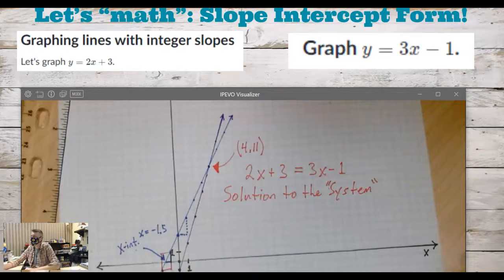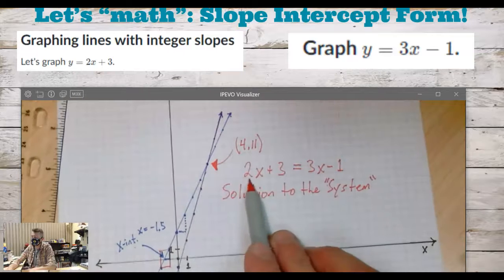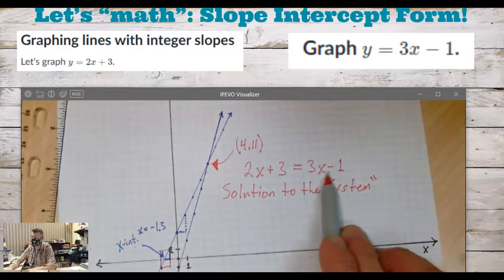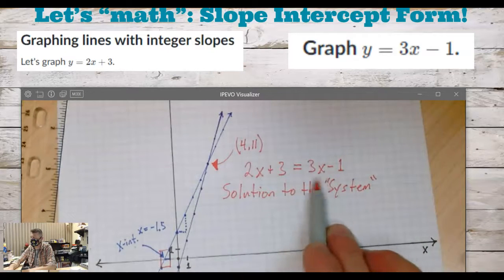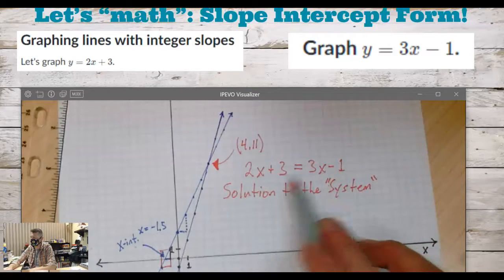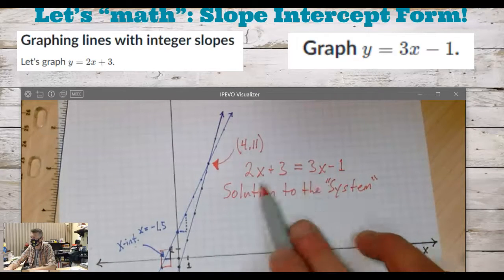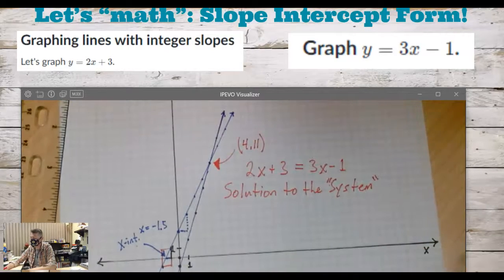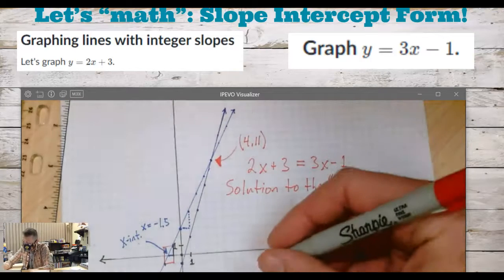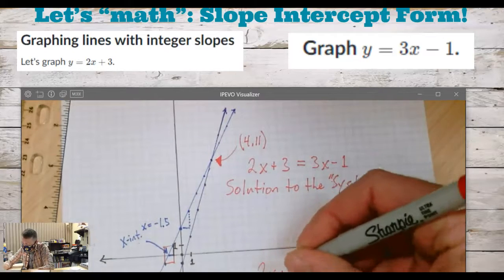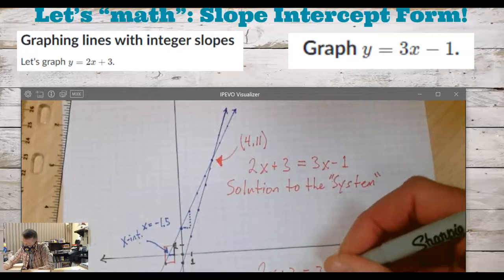Oh, I remember when we did that. Remember when we algebraically would say, okay, solve this system, we'll subtract 2x from both sides, we'll add 1 to both sides, we'll solve this algebraically? Guys, check this out, and you don't have to do this with me, but just watch.